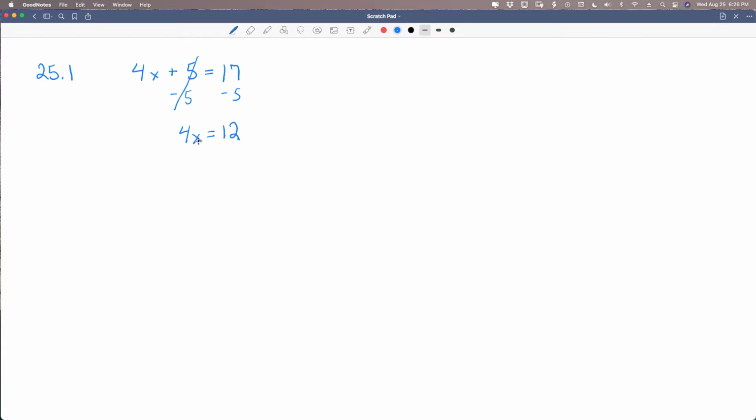We don't know what x is, so we'll divide by the number we do know, which is 4. These two cancel because a number multiplied by and divided by the same number cancels each other out. Okay? So we're left with x equals 12 divided by 4 is 3. So the answer to 25.1, x equals 3.